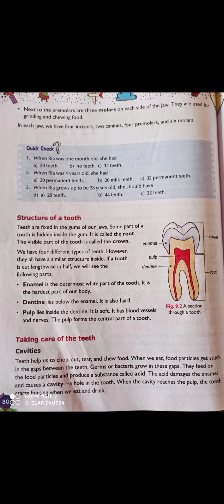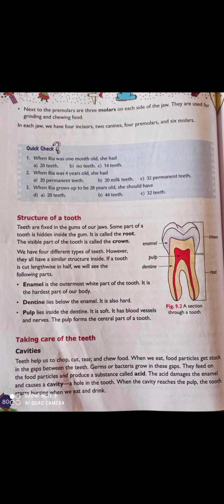Now, how can we take care of the teeth? Cavities. What is a cavity? Now, teeth help us to chop, cut and tear and chew food. When we eat, food particles get stuck in the gaps between the teeth, and germs and bacteria grow in those gaps.